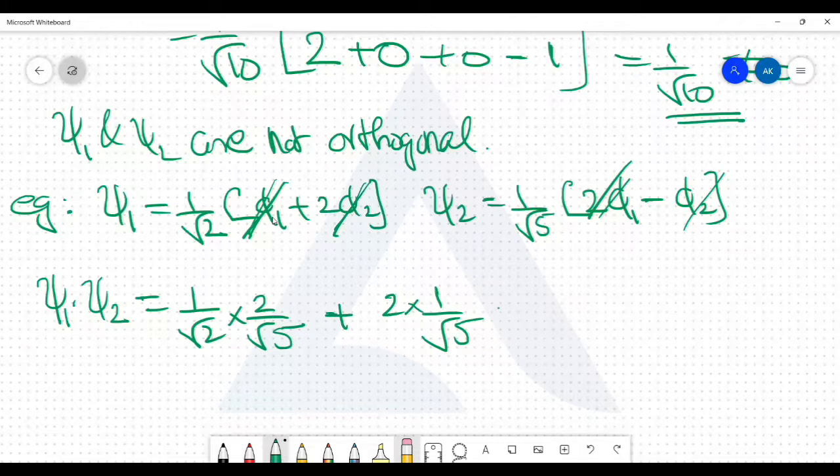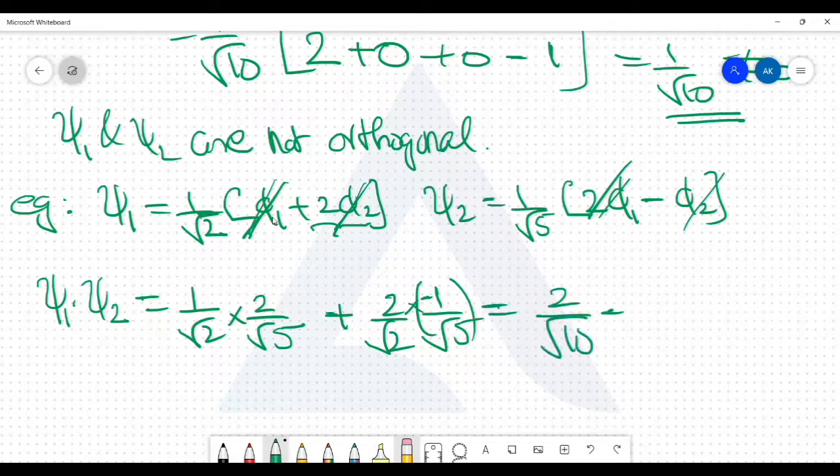So this is simply, I missed this root 2. This is common to this, right? So 2 by root 2. And here I have minus 1 by root 5. That's it. So this is 2 by root 10 minus 1. Question mistake.